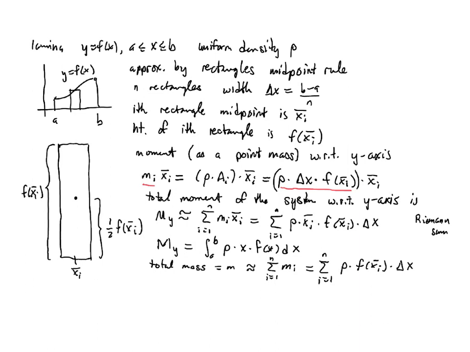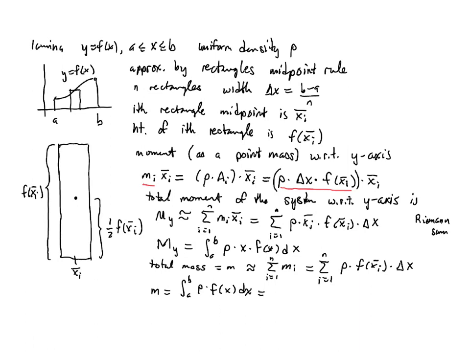And when we take a limit of this Riemann sum as n goes to infinity, then we get that m is exactly equal to the integral from a to b of rho times f of x dx.